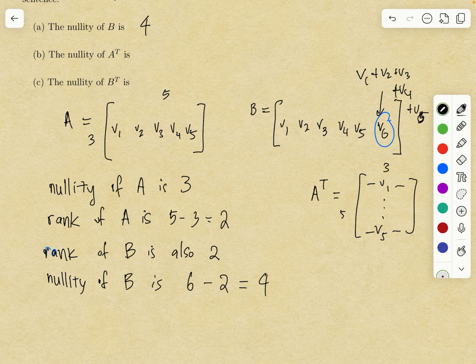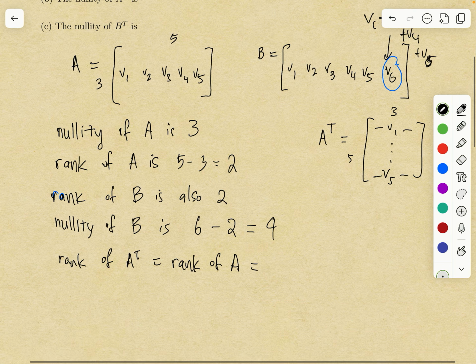How are those two ranks related? They're equal, right? That's a general fact. The rank of A transpose is equal to the rank of A. So the rank of A transpose is, in this case, 2, because we saw that the rank of A is 2.